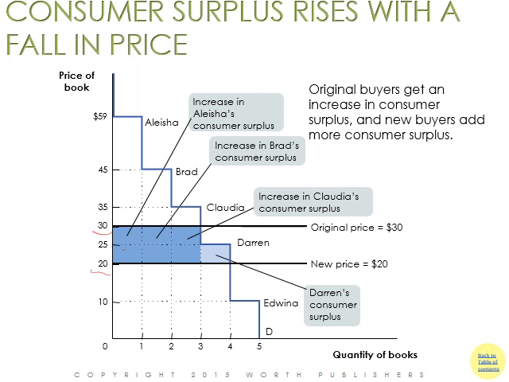And consumer surplus increases because now we have another consumer buying the textbook. So we can see that when you lower the market price, willingness to pay stayed the same, but the actual amount paid decreases, and total consumer surplus is going to go up.